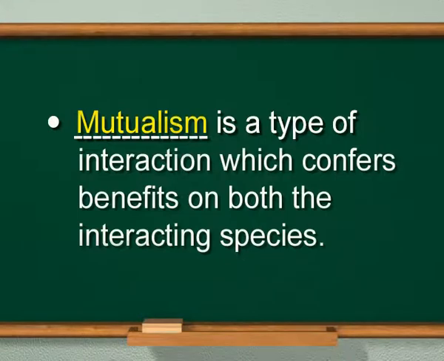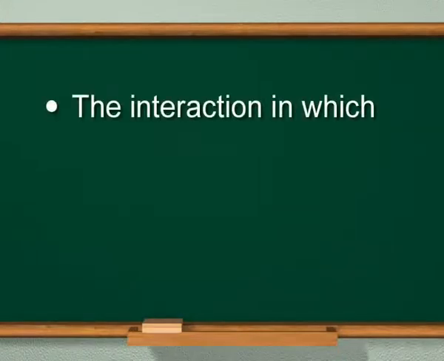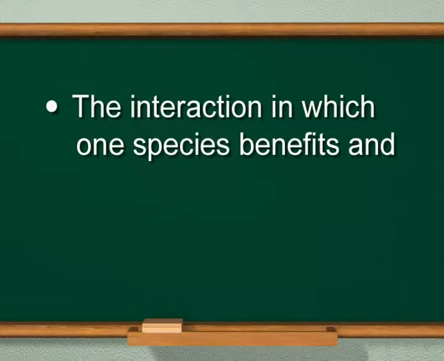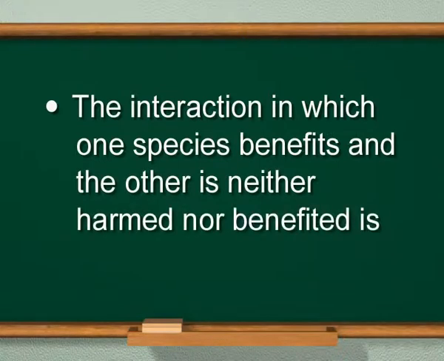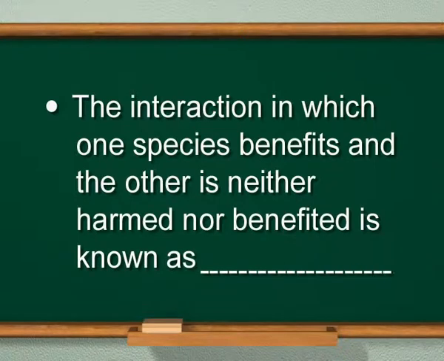The next question is, the interaction in which one species benefits and the other is neither harmed nor benefited is known as dash. And the complete sentence is, the interaction in which one species benefits and the other is neither harmed nor benefited is known as commensalism.